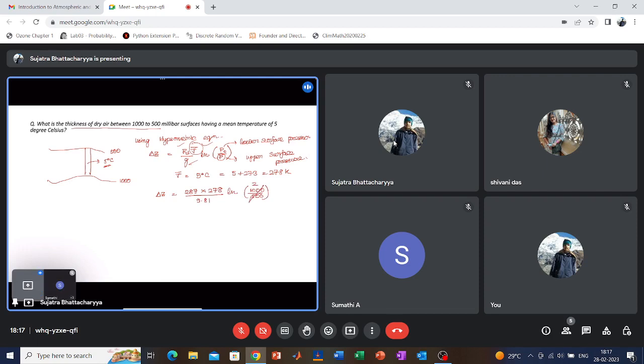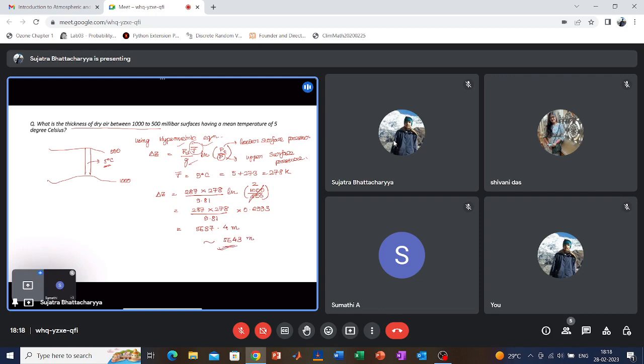So this will be 2. Log 2 is about 0.6993. So 287 into 278 divided by 9.81 into 0.6993. So if you calculate, it comes out to be about 5637.4 meters, which is very near to one answer, I think 5643 meters. So that is the correct option.